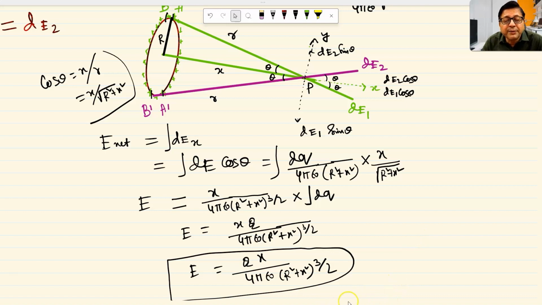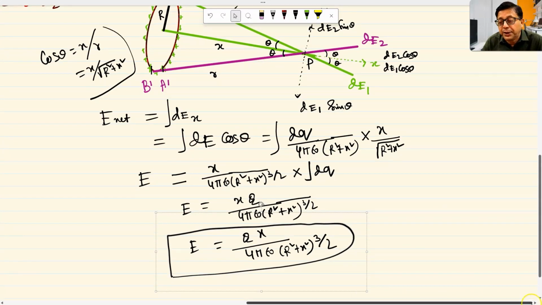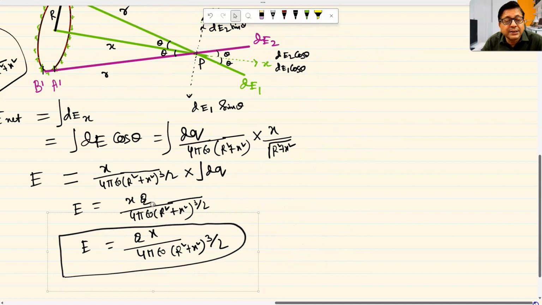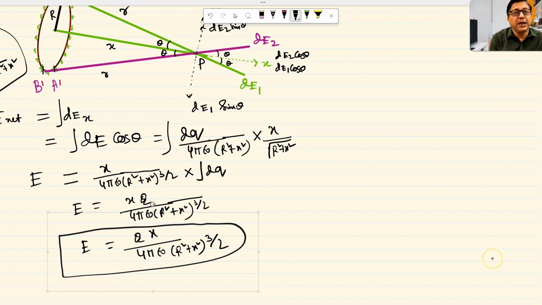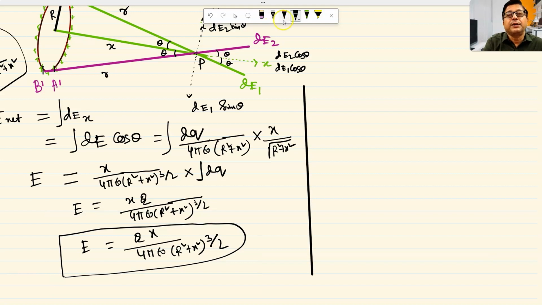So we will be starting with the expression E equal to qx by 4 pi epsilon 0 into r square plus x square to the power 3 by 2. X is the distance from the center. So let us analyze some cases. When x equal to 0, what is the value of E? E is going to be equal to 0.